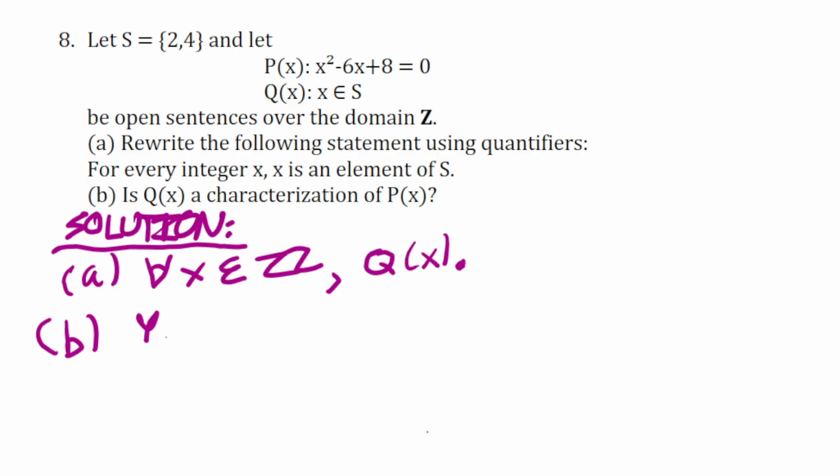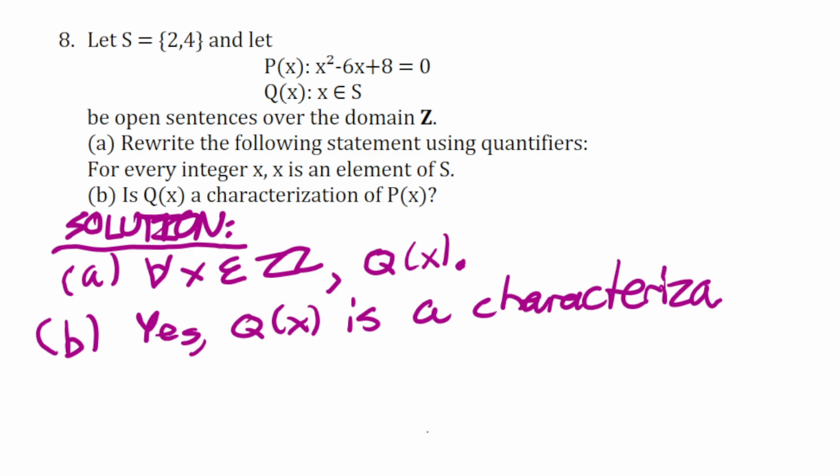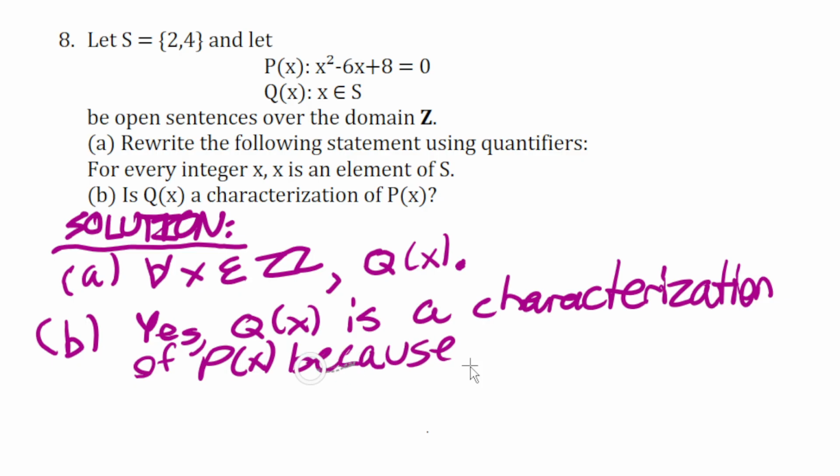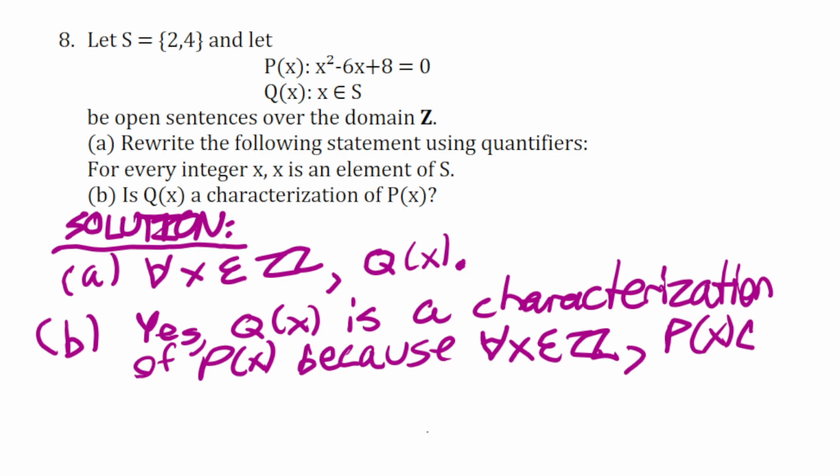So we can say, yes, Q of x is a characterization of P of x because for all x that's an integer, there's a biconditional between P of x and Q of x. So P of x if and only if Q of x.